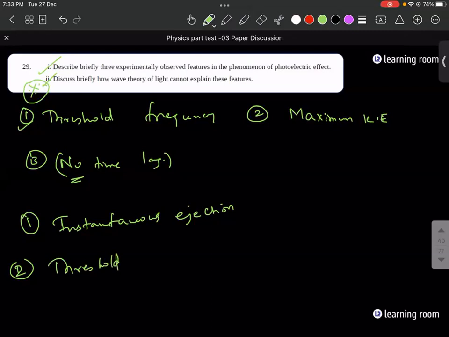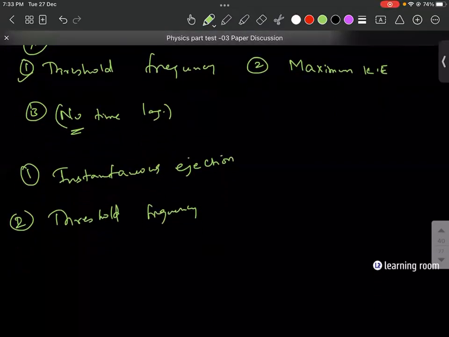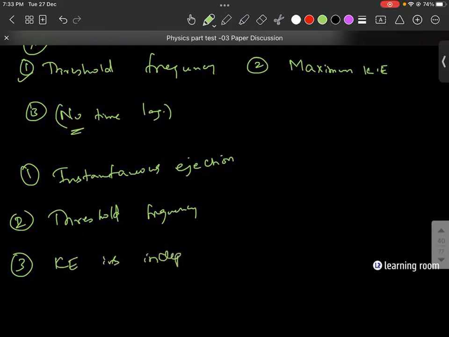Wave theory doesn't speak about threshold frequency. Third, according to wave theory, kinetic energy depends on the intensity, but according to experiment, kinetic energy is independent of intensity. So these are all the reasons.